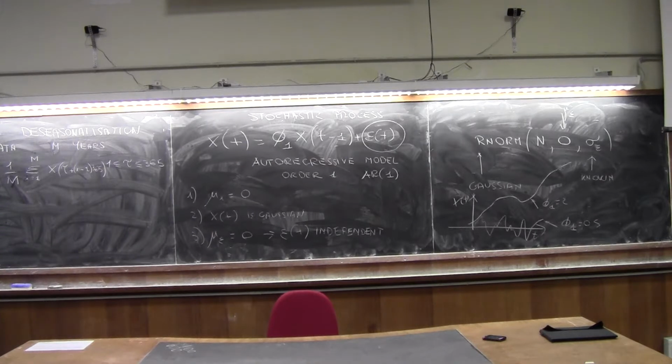I think this is correct, because if we have i equal 1, then we have x tau. And then for i equal 2, we have tau plus 365. Yes, I think it is correct.